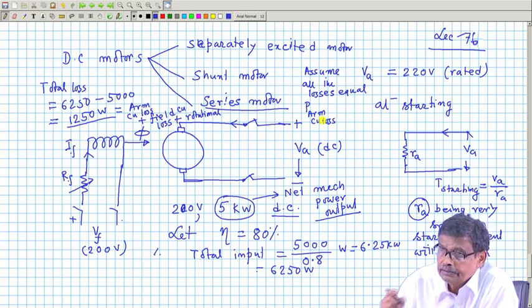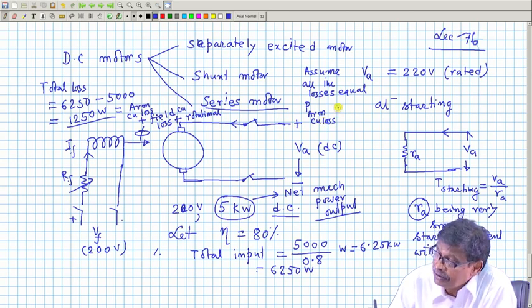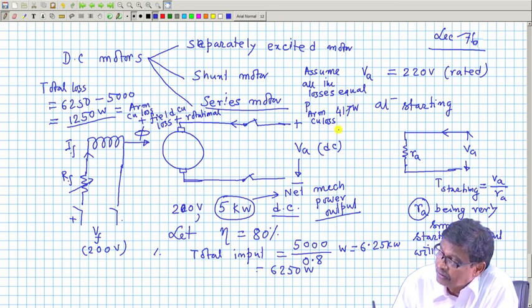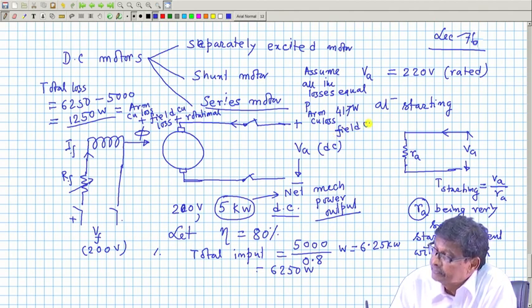How much is it? 417 watt. Field copper loss also, say 417, that is what I have assumed.